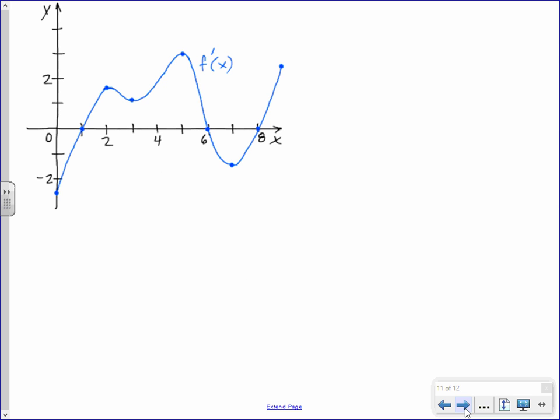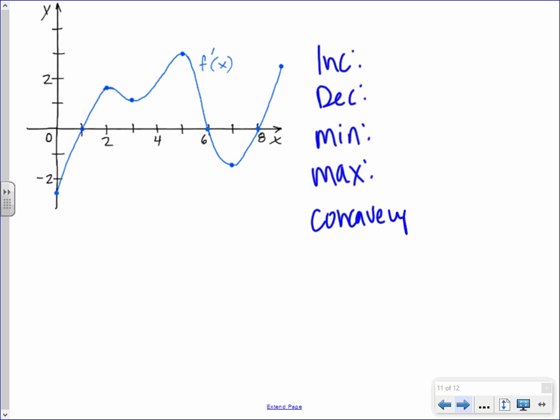This is a derivative graph. Okay. Increasing means our derivative is positive, right?